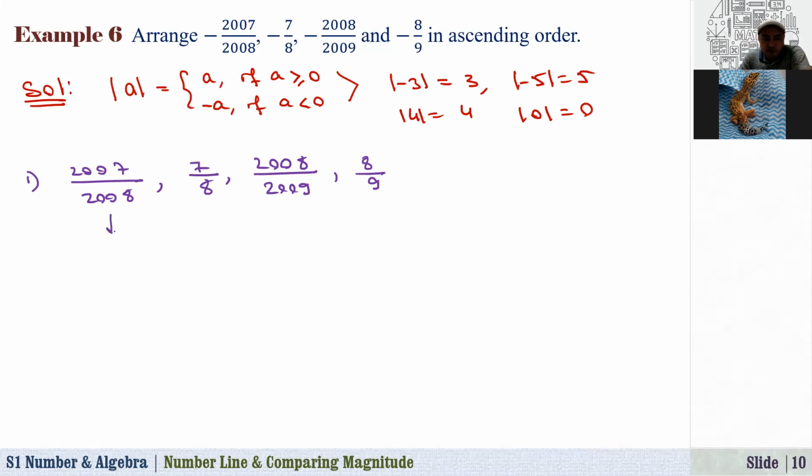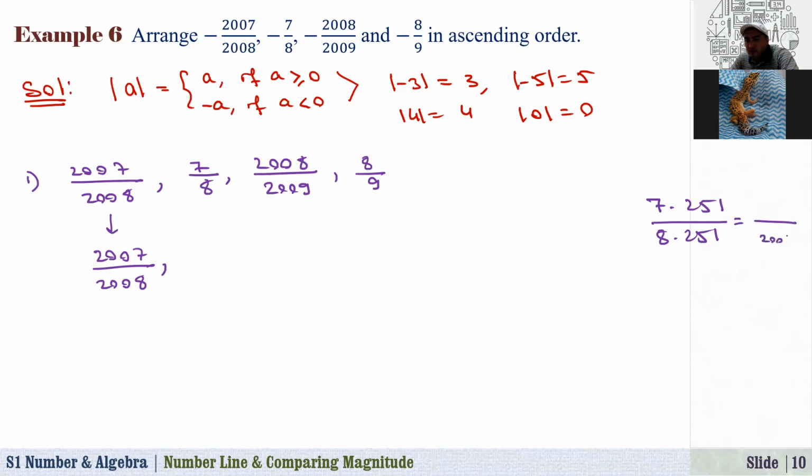The first way is to bring them to the same denominator, 2007 over 2008. Multiply the second fraction's numerator and denominator by 251. Let me write here, 7 times 251 and 8 times 251. That 8 times 251 is equal to 2008.